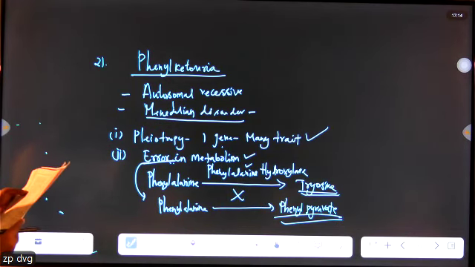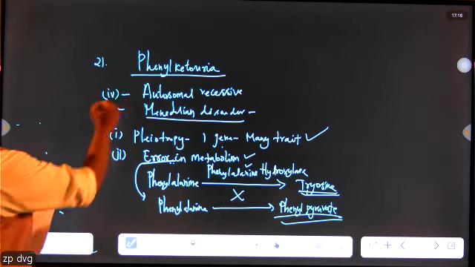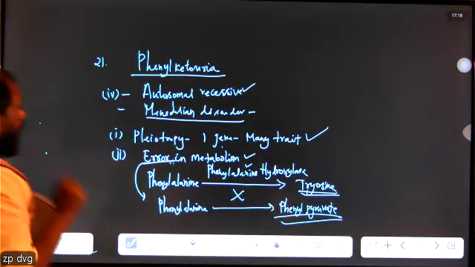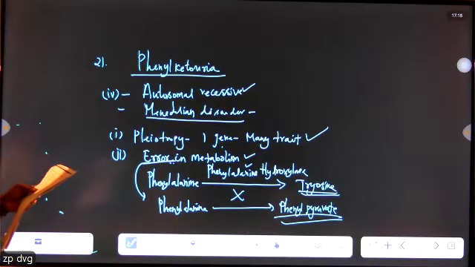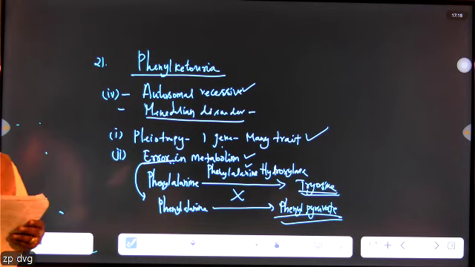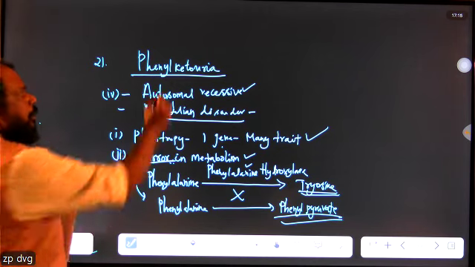Third, it is a case of aneuploidy. Now look at option 4. Option 4 says it is caused due to autosomal recessive. But what does option 3 say? Option 3 says it is a case of aneuploidy. Now listen carefully. Aneuploidy comes only in chromosomal disorders.